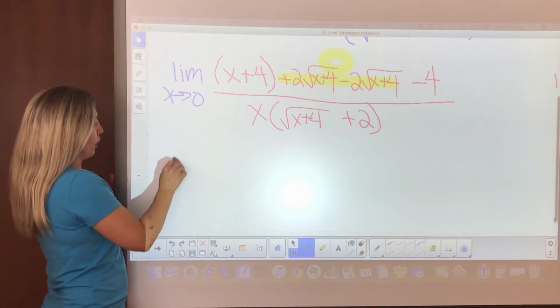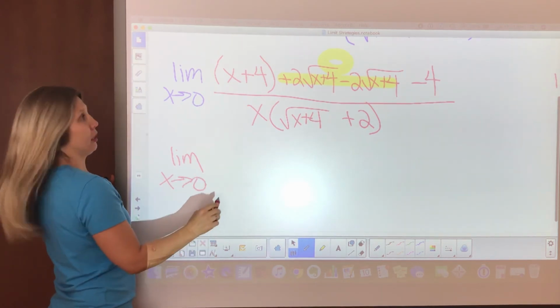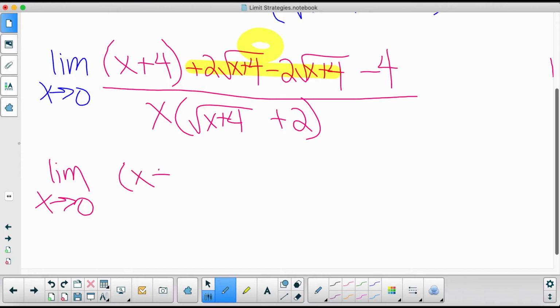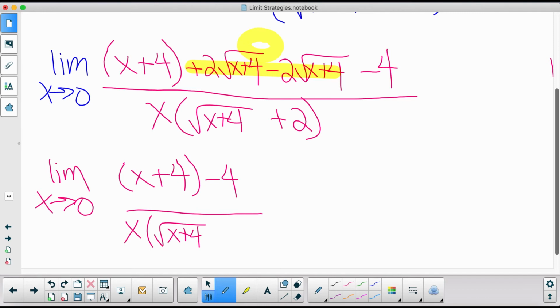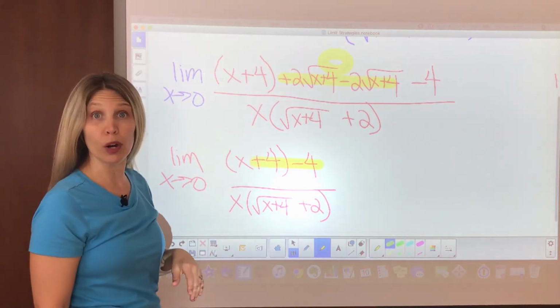So what are we left with? The limit as x goes to 0, x plus 4 minus 4 all over x, square root of x plus 4 plus 2. Well, hopefully by now you're seeing that plus 4 and minus 4 are going to drop out and become 0.